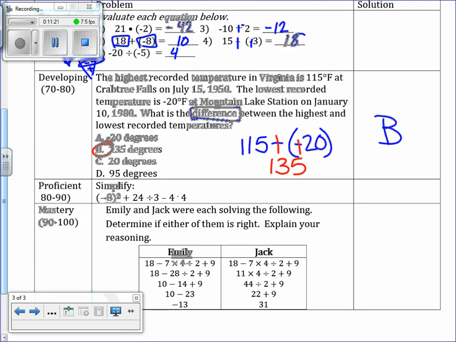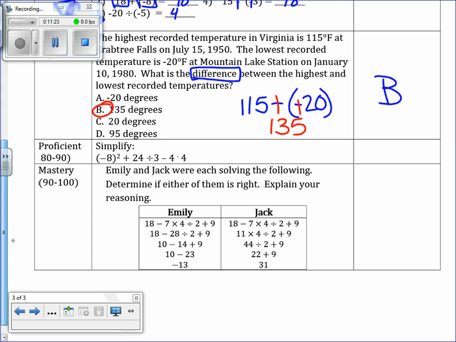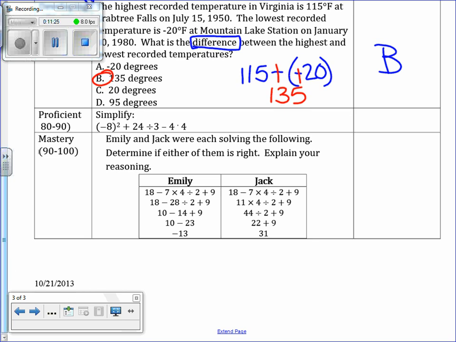Simplify. Well, I don't have enough room here to simplify, so I'm going to have to use the bottom of the page here. Negative 8 squared plus 24 divided by 3 minus 4 times 4. There's a lot going on in this problem. Some of you have kind of resisted the whole alleys.